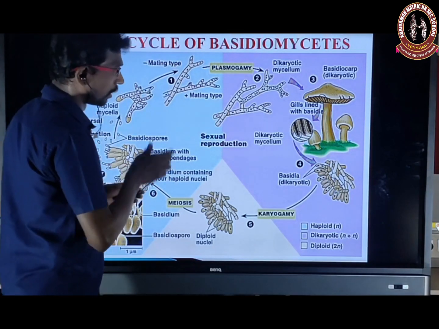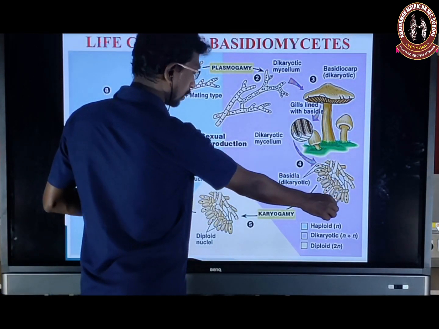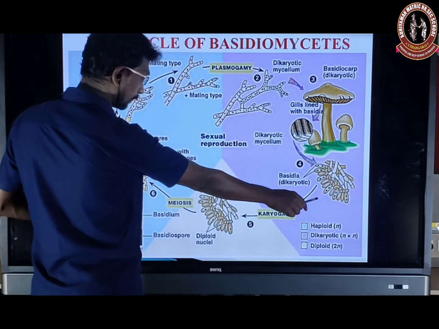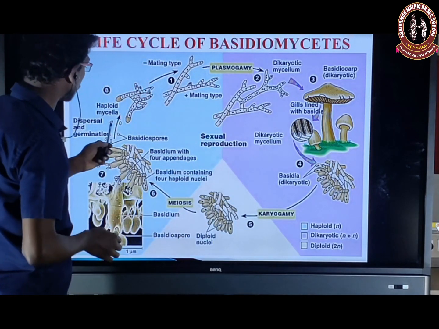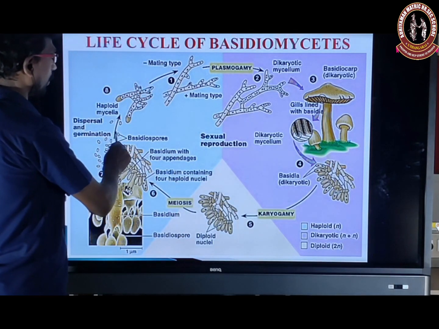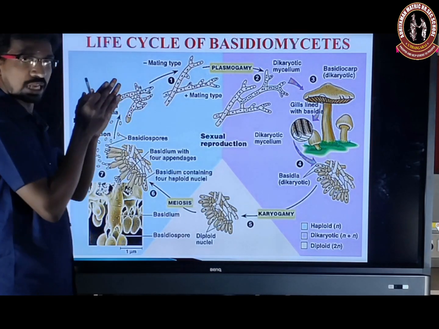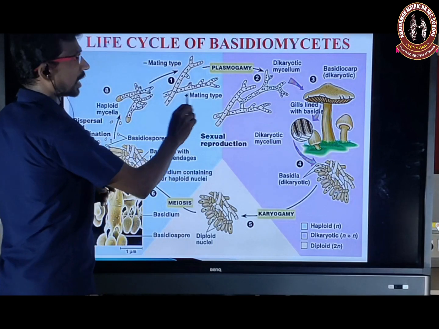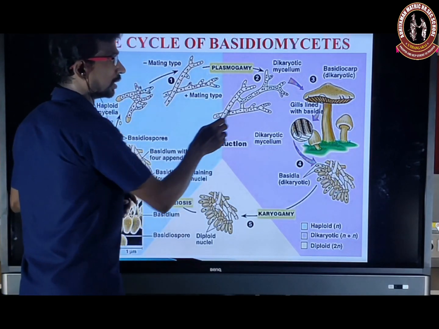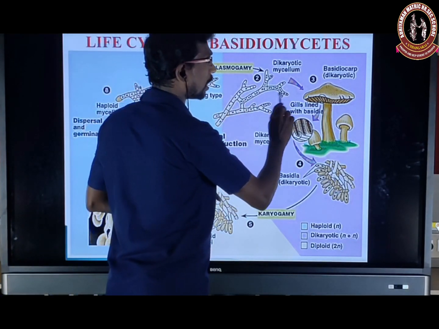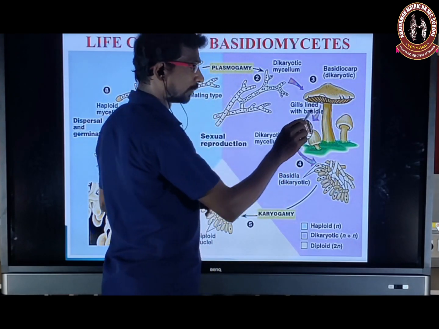So here the basidiospores are formed. These basidiospores germinate to form hyphae. The hyphae undergo plasmogamy, resulting in the dikaryotic condition. This dikaryotic condition goes on to form the fruit body.